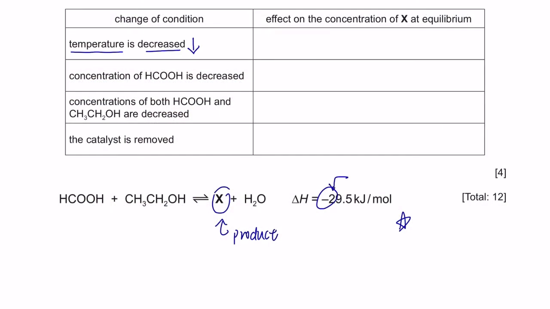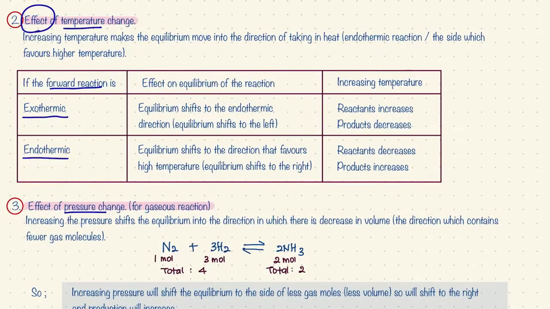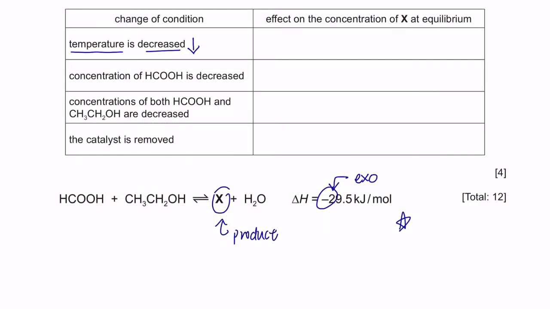Since the value here is negative, this means that the forward reaction is exothermic. If the forward reaction is exothermic, when decreasing the temperature, the reactants will decrease and the product will increase, which is opposite of increasing the temperature. So the effect of X, which is the product, increases. Next, the concentration of methanoic acid is decreased.